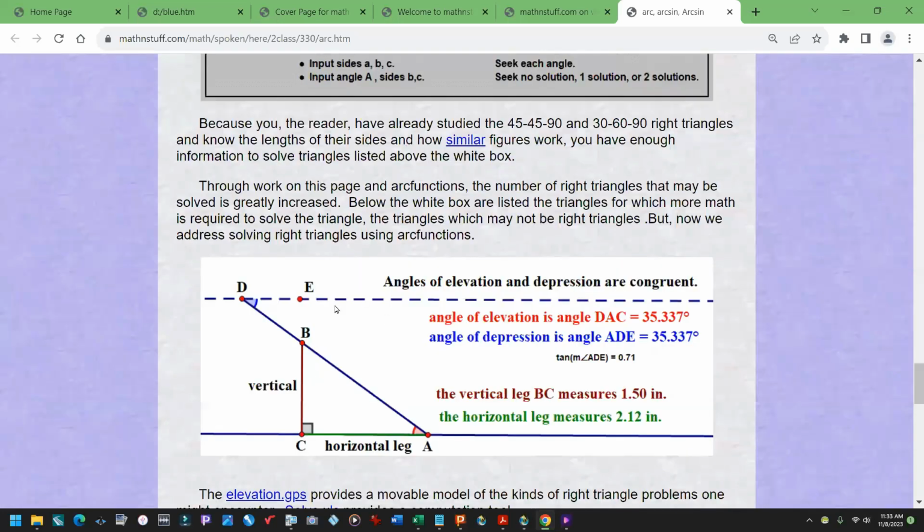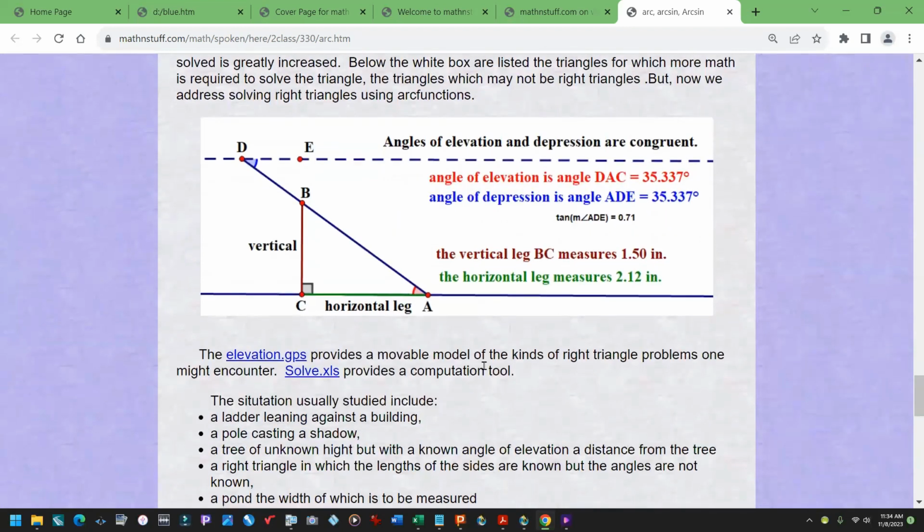The problems that you usually will see have to do with a right triangle and what's called an angle of elevation or an angle of depression, or just other stuff like a ladder leaning up against a building. There's the ladder.